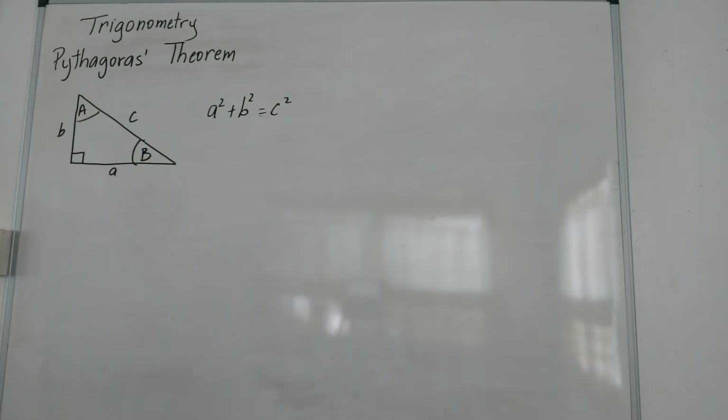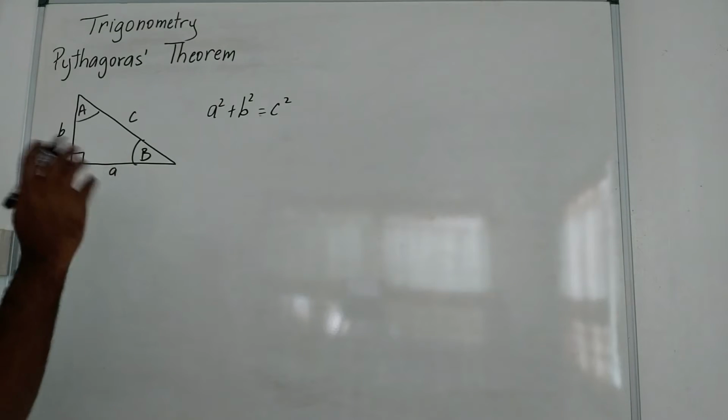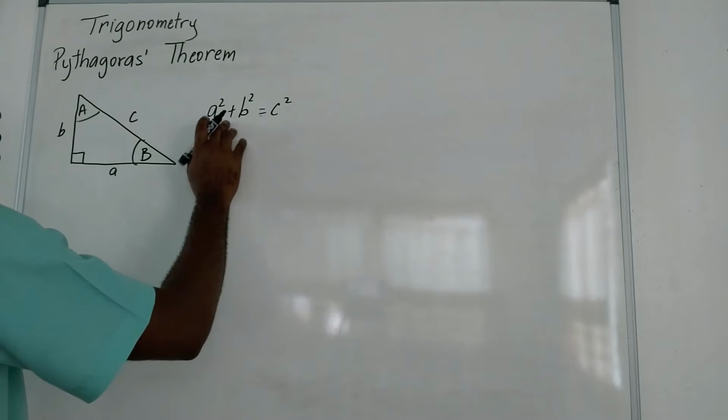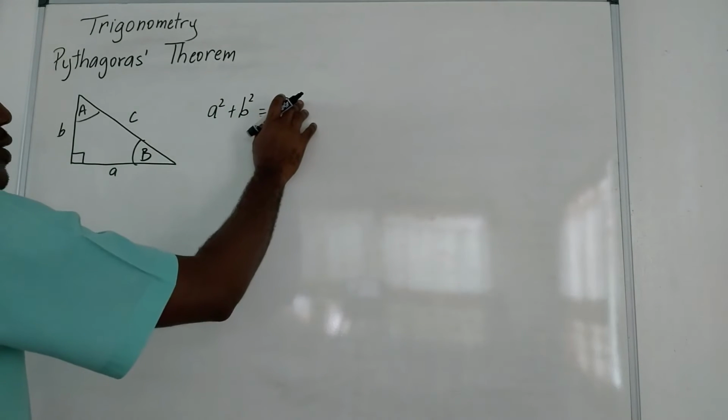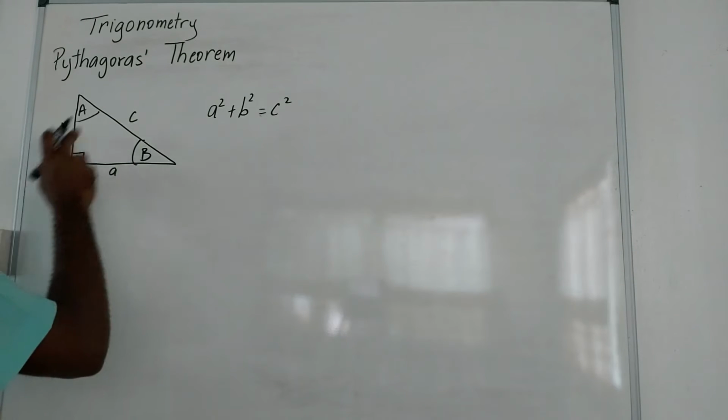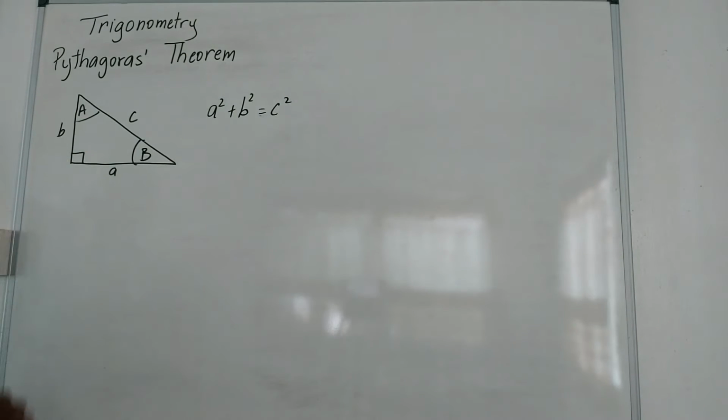So how do we find the length of the hypotenuse if we know the length of the 2 other sides? Now remember the formula is a squared plus b squared is equal to c squared. The sum of the squares of these 2 sides is equal to the square of the hypotenuse.